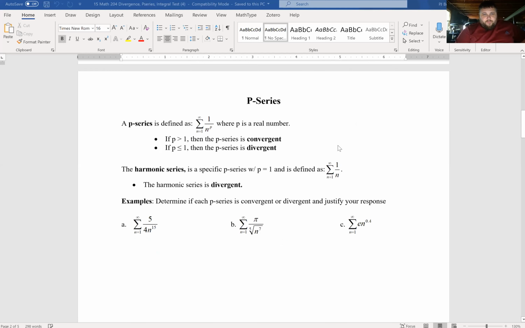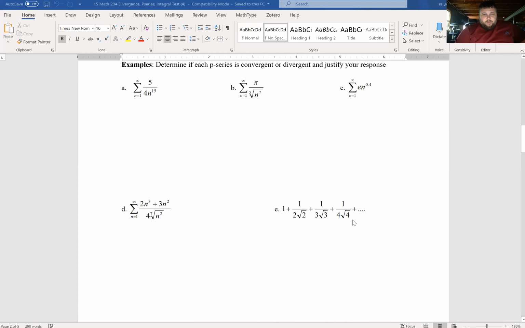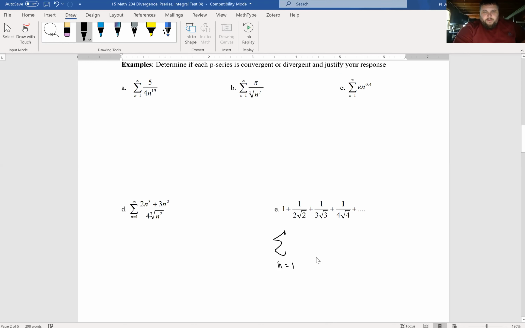So the last thing I had you do was the P series. Hopefully you got to this one here, E, and realized that all you needed to do was write it as a sum. That was just the sum starting at 1, running to infinity, of 1 over n times the square root of n, or n to the 3 halves.